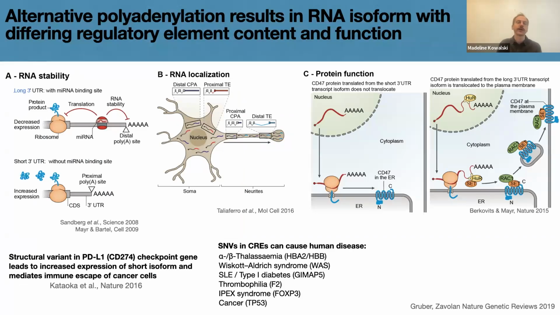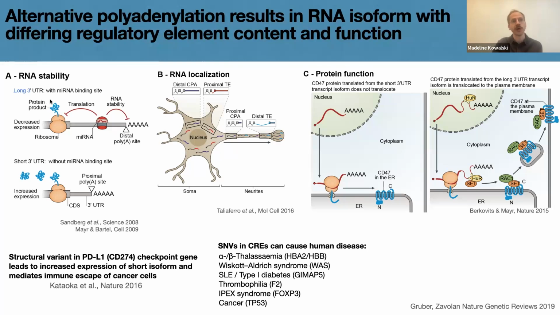So alternative polyadenylation has been found to play a role in a lot of different mechanisms within the cell. As I already said, it is part of influencing RNA stability, among others.